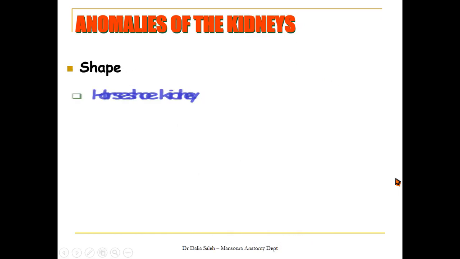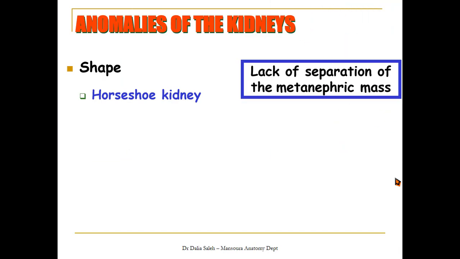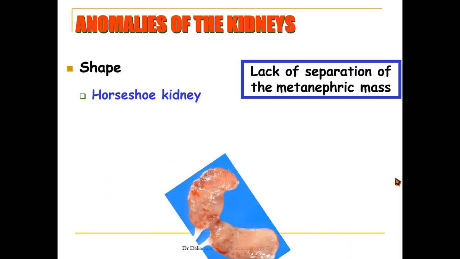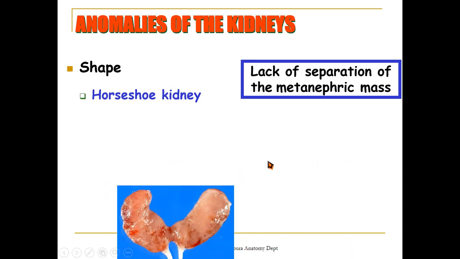Also, in the shape, we could end up with what's called a horseshoe-shaped kidney. The problem is that there is lack of separation of the two metanephric masses from the right and left sides. So you end up with two kidneys attached by their lower poles, and together they look like a horseshoe-shaped or U-shaped structure.